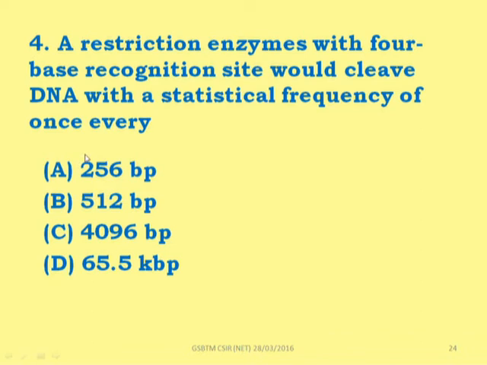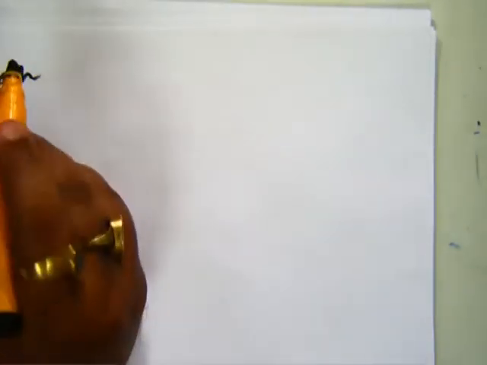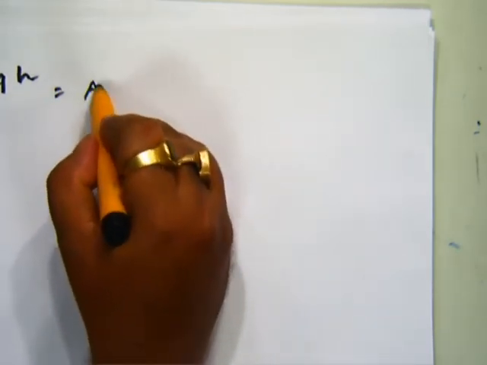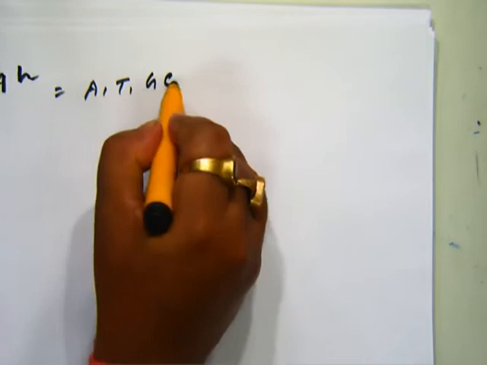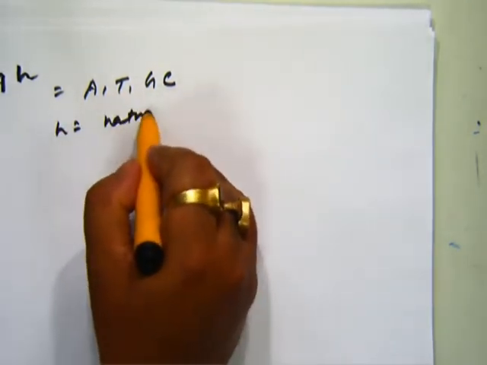A restriction enzyme with a 4 base recognition site would cleave DNA with a statistical frequency of once every... There is one formula we can see, 4 to the power n. Now 4 is the number of bases. DNA has A, T, G, C, 4 bases, and n stands for the length of the cut.